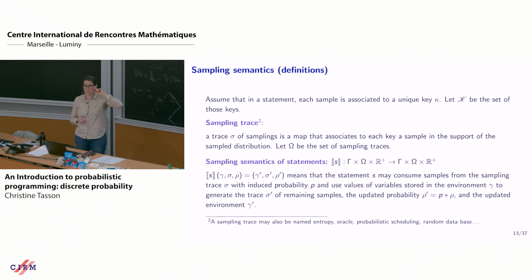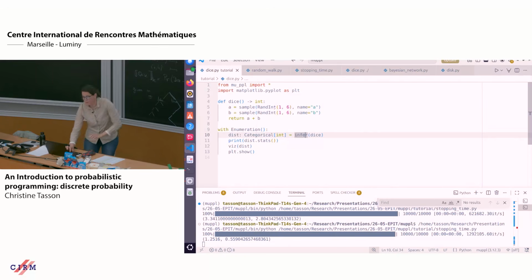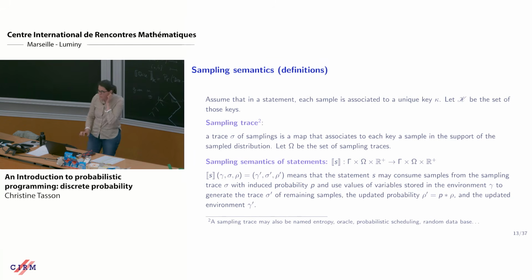You need to have this representation in mind. So to each sample, I will associate a key or a name. Here, for the first sample, I have the name A, and for the second sample, I have the name B. It's just to remember which one is which.